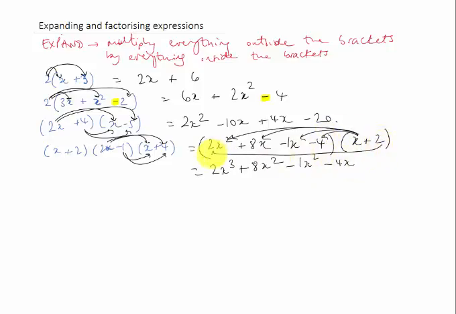And then the 2, same thing, so that gives us 4x squared, 16x, minus 2x, minus 4. And then you put all those together, and that gives you 2x cubed plus 11x squared plus 10x minus 8. So you just do one after the other, and that's all there is to that.